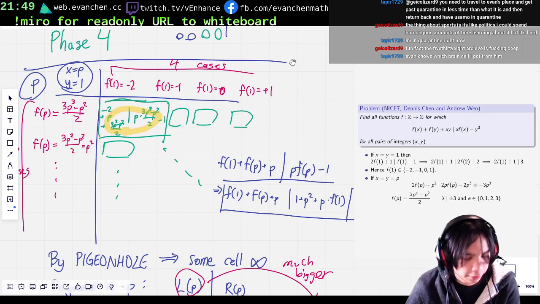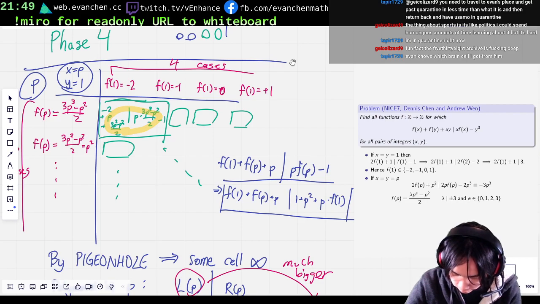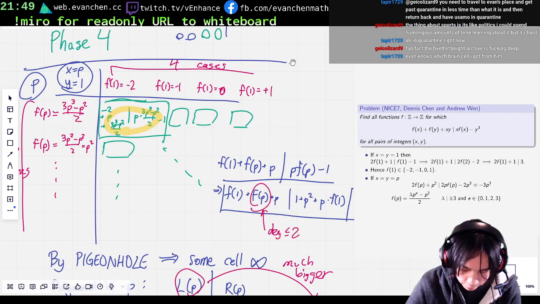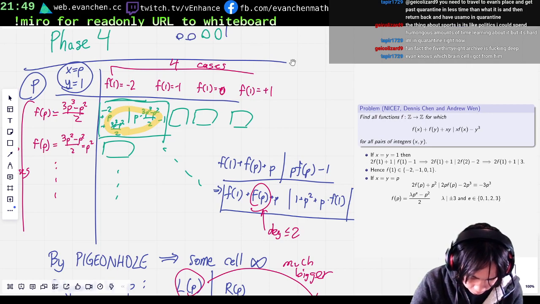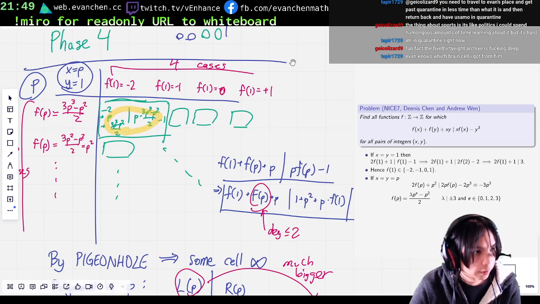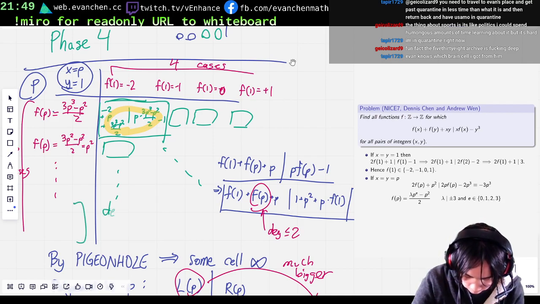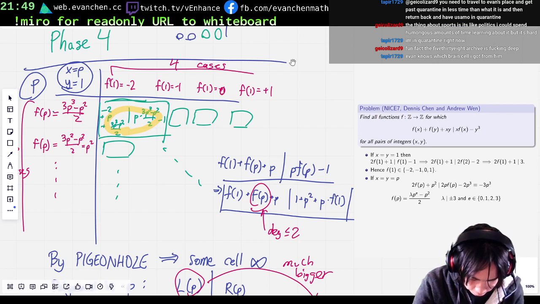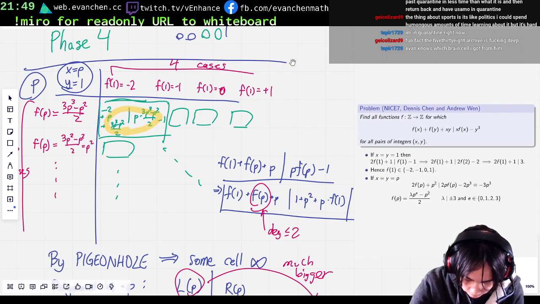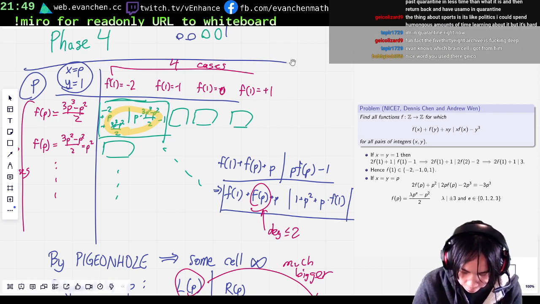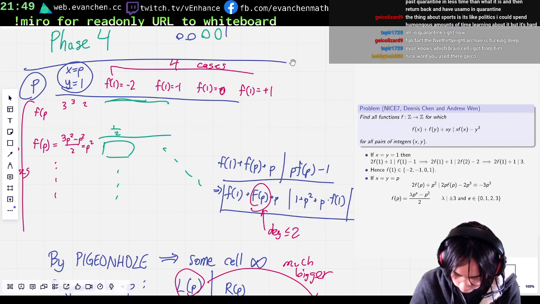And what this already tells you is that the degree is less than or equal to 2. So already this will kill off this entire row, for example. This whole row is not going to work because this f of p is too high degree.